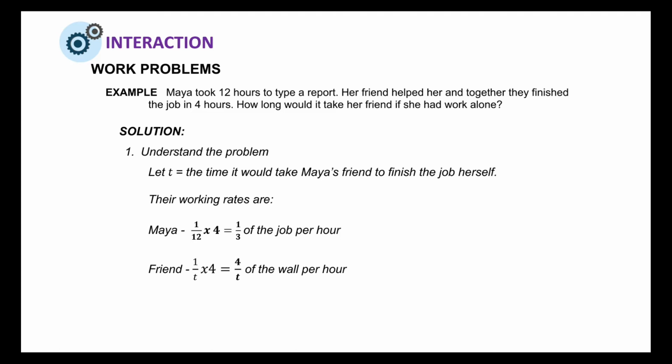And for Maya's friend, that's 1 over t, since we are solving for the time it would take Maya's friend to finish the job alone. So 1 over t times 4 is equal to 4 over t of the job per hour.